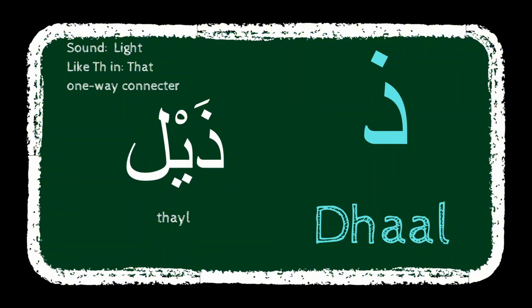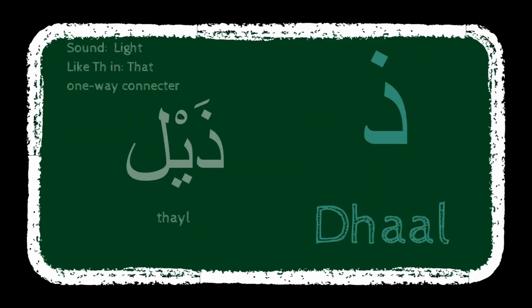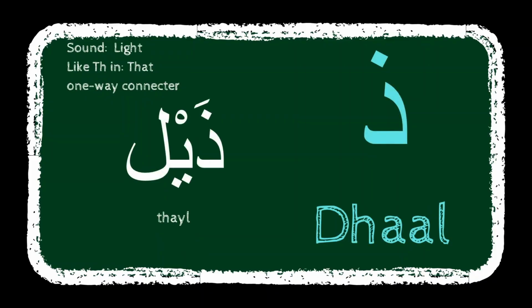And this one is also a one-way connector, and this word is pronounced dhayl. So dhayl, it means a tail, and dub, I don't know if I mentioned the meaning of this word, but dub means a bear. So dub, which is a bear, and dhayl, which is a tail.